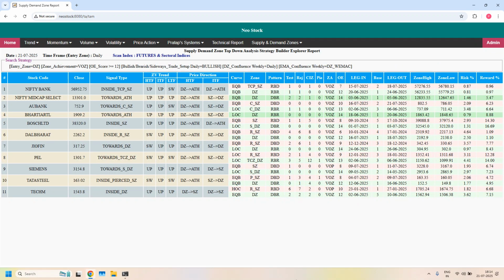Let's filter. See, weekly trend is uptrend in all the stocks. And in all these stocks, weekly demand zone has weekly EMA confluence. In that weekly demand zone, our daily demand zones are overlapped. That's why these daily demand zones might have more high probability to get success.